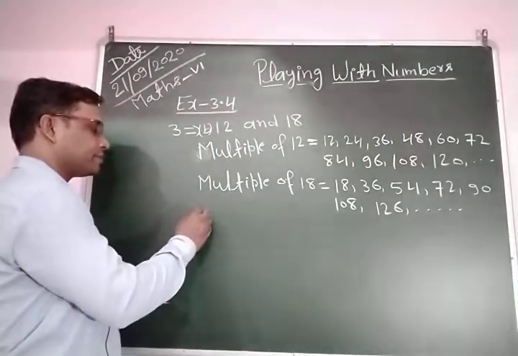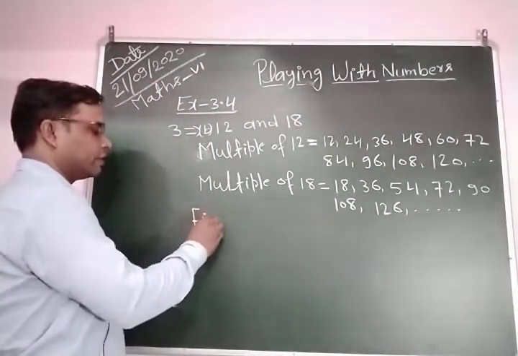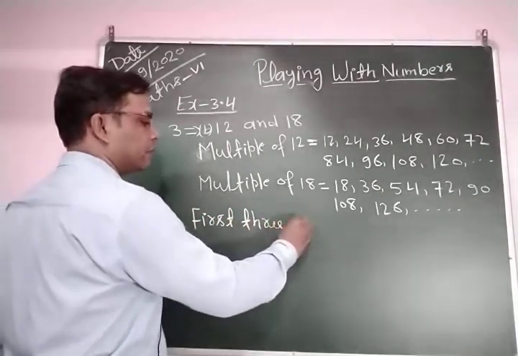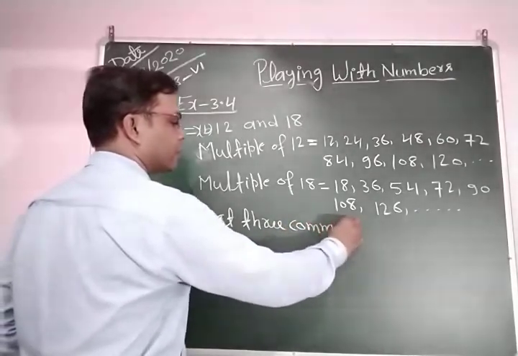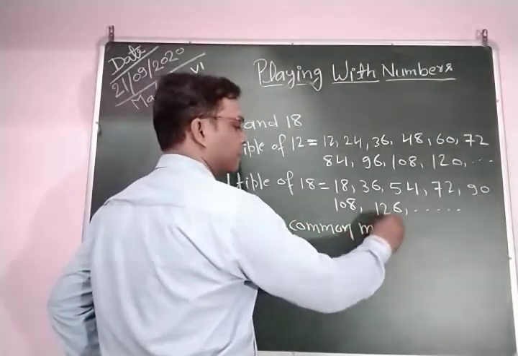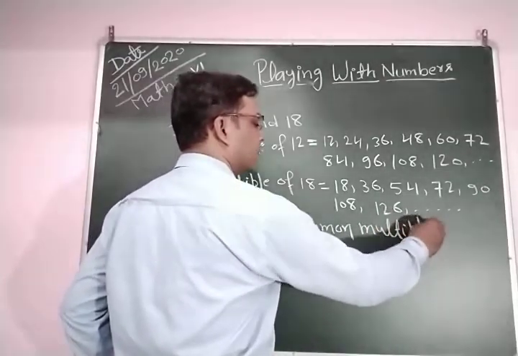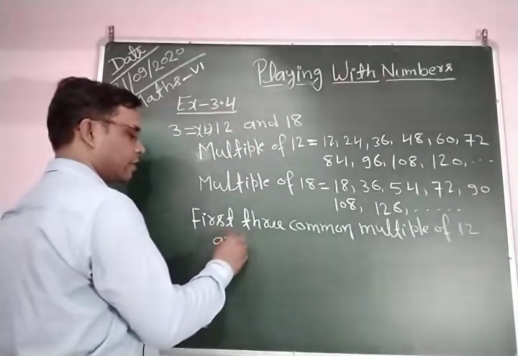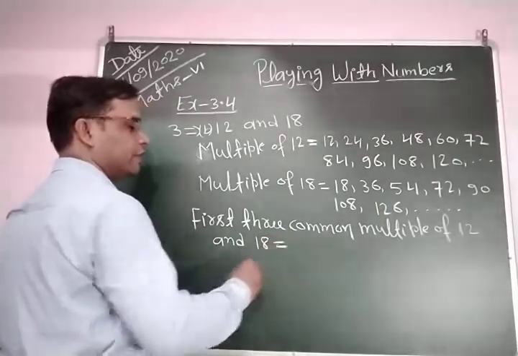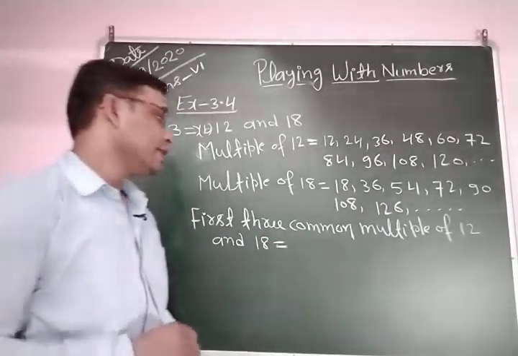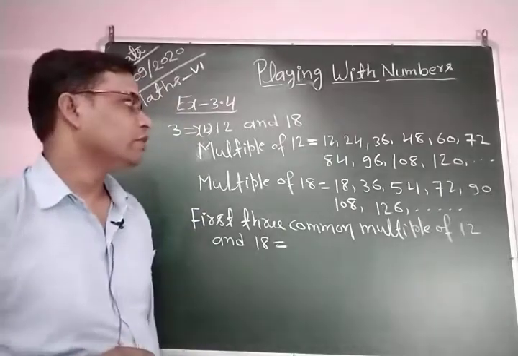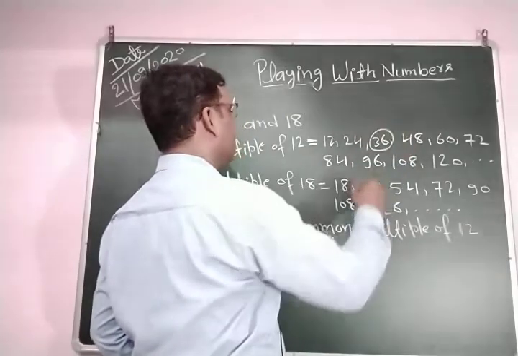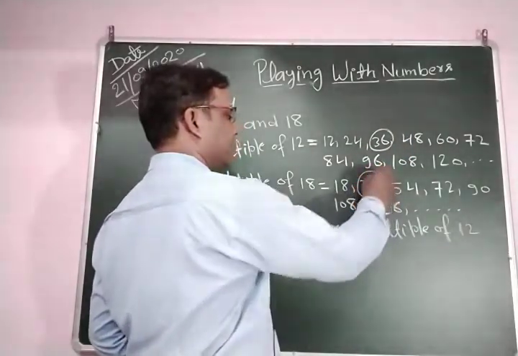So we will write: first three common multiples of 12 and 18 is equal to, you can see here, 36 is a multiple of 12 and 36 is a multiple of 18.